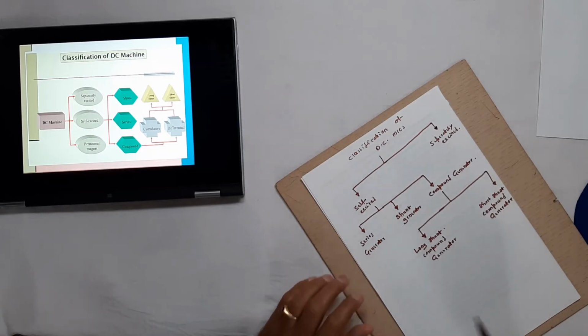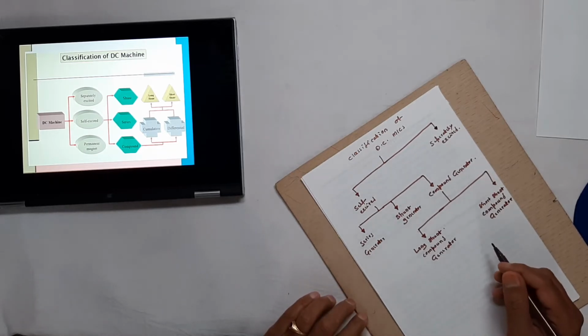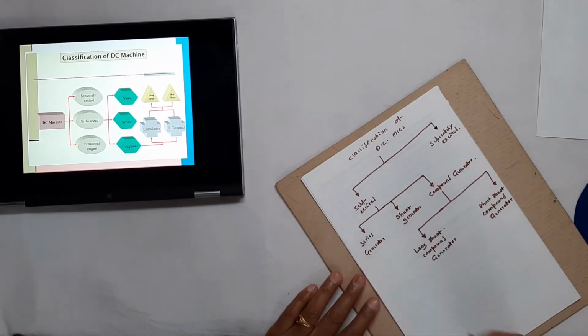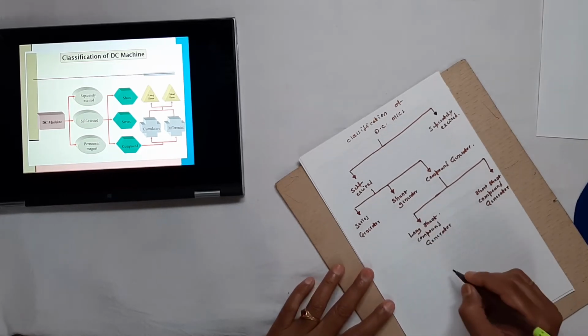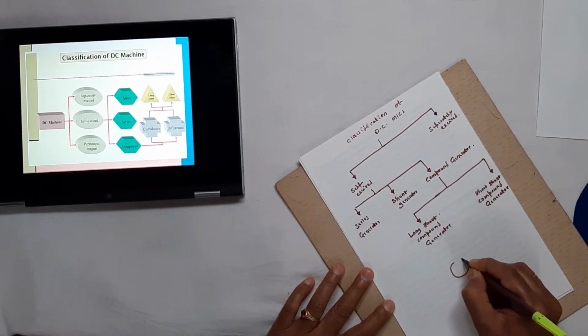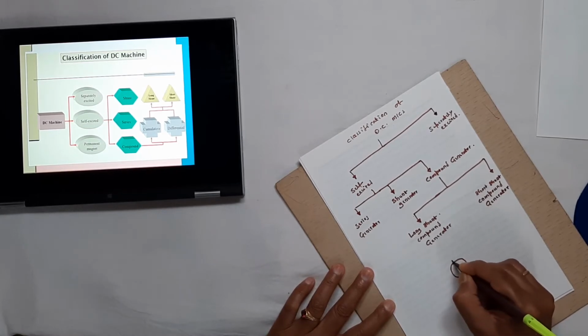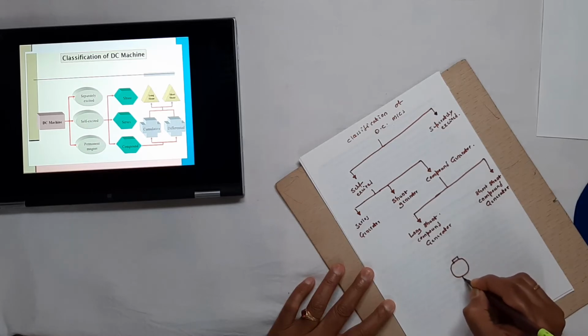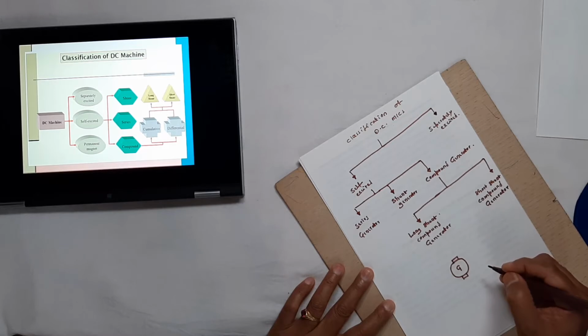Then what do you mean by self-excited and separately excited? In the self-excited, there is a generator. The generator is represented by an armature with the brush. This is a symbolic representation of a generator.